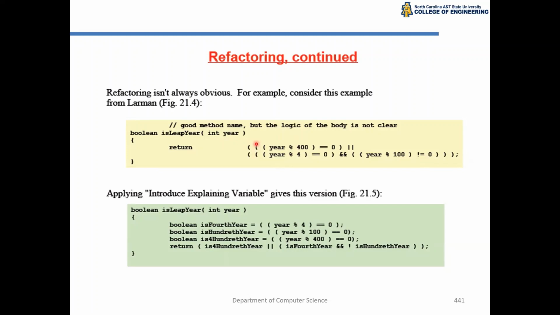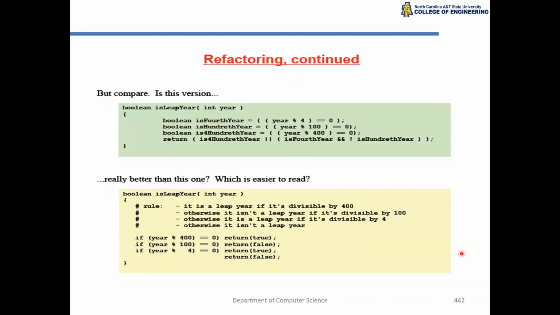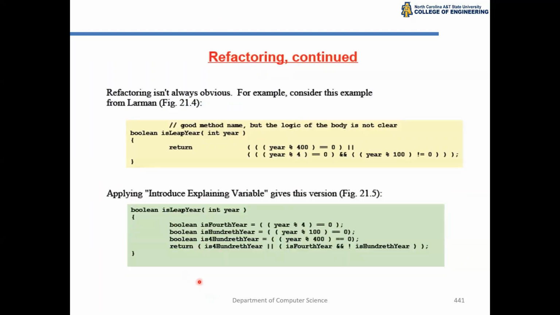Then you introduce the explaining variable concept, so Boolean isLeapYear stays the same, but here you have Boolean isFourthYear and so on. Is it really necessary or not? It's probably not necessary.